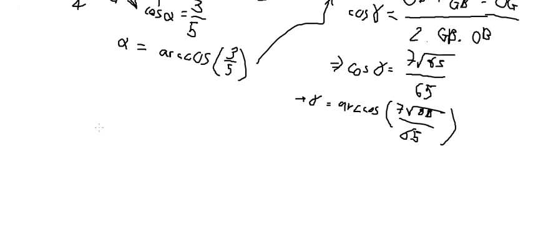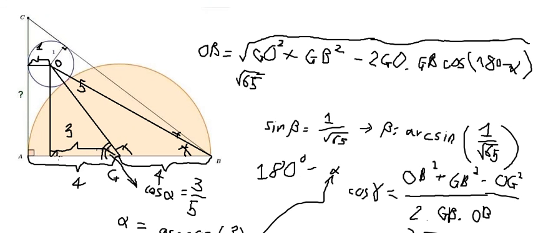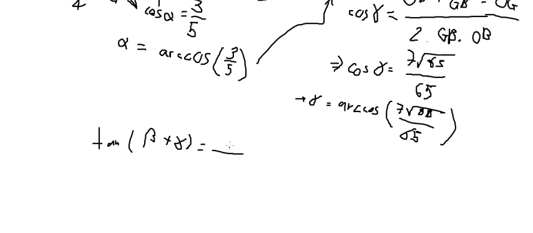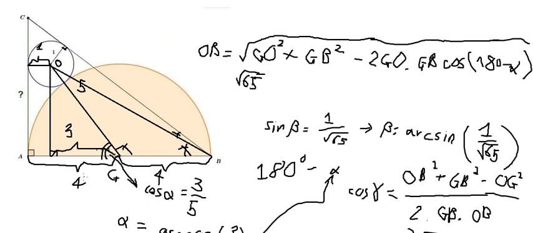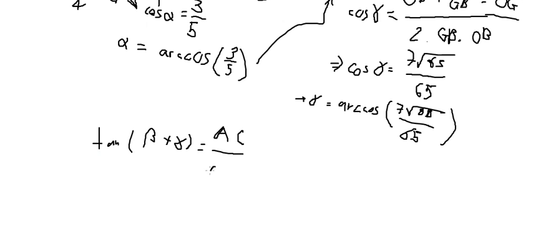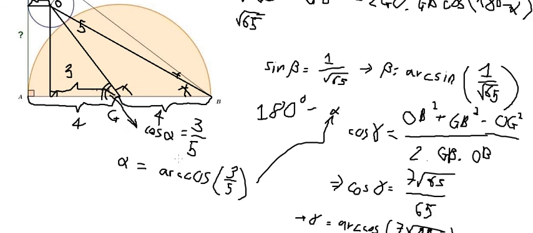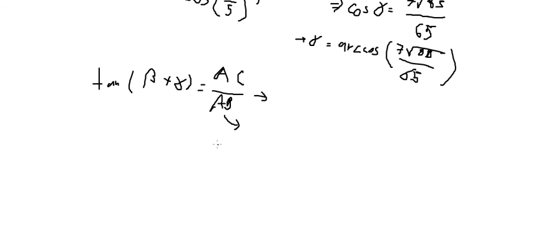That should be tan of beta plus gamma equals AC over AB. So we know that AB is 4 plus 4, which is 8.